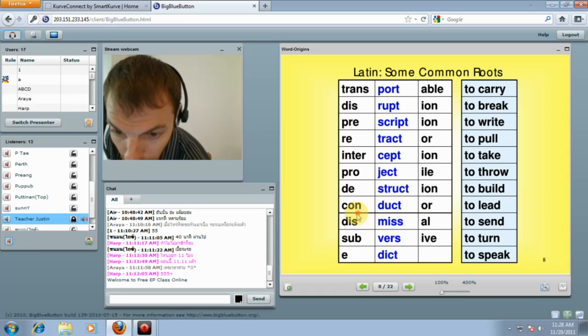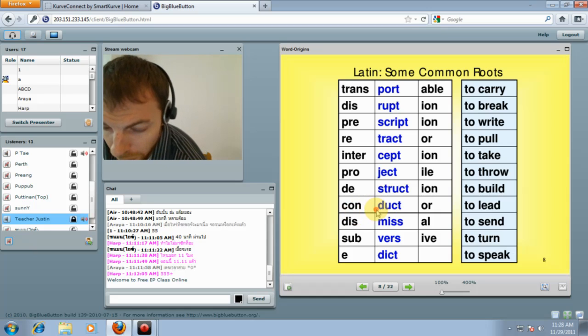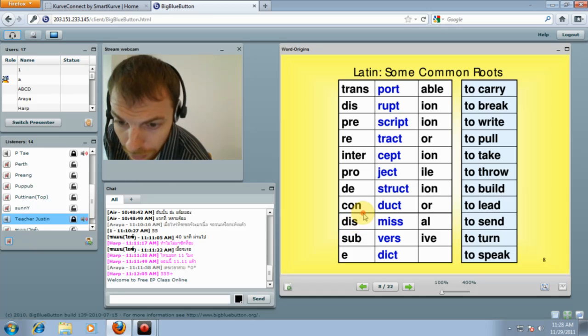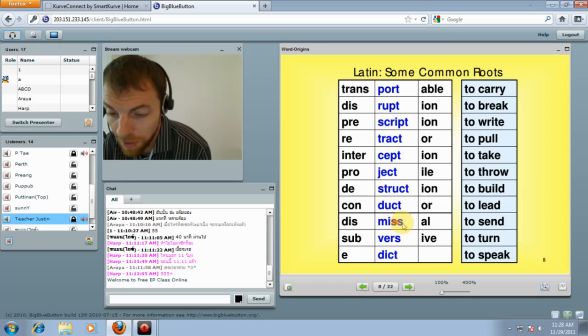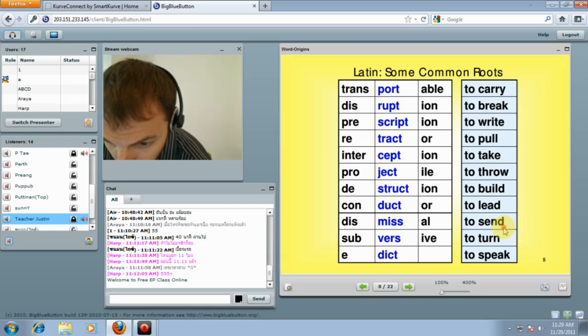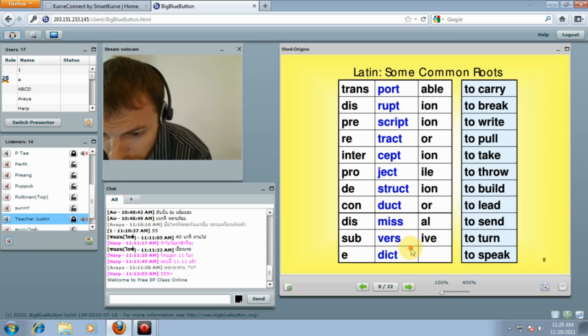Okay, let's keep going here. And we have conductor, and that can be to lead. We have dismissal, meaning to send. We also have subversive, and verse is to turn.